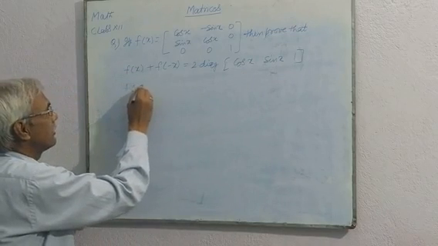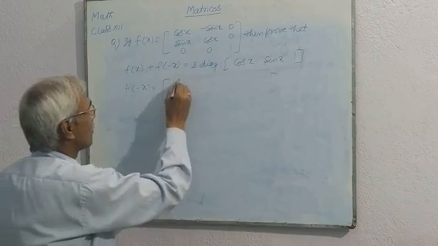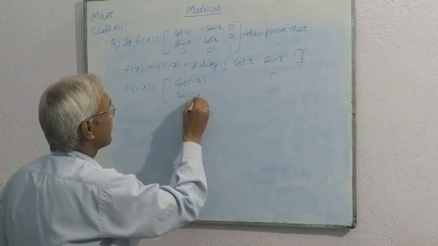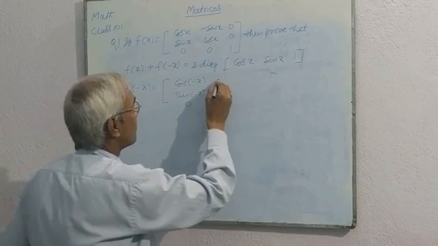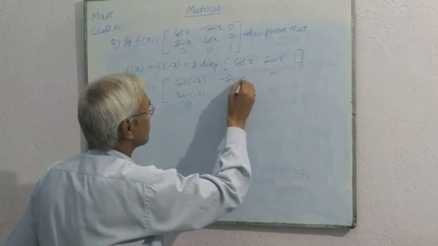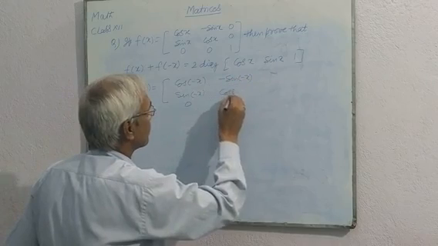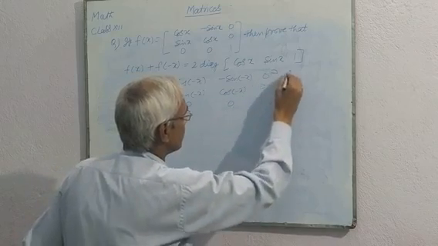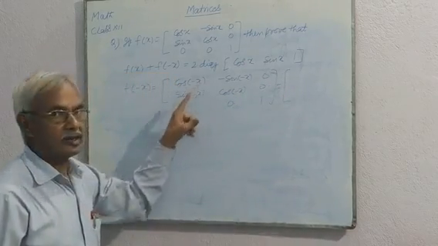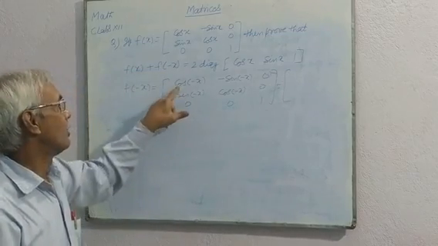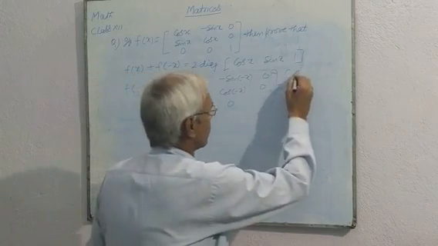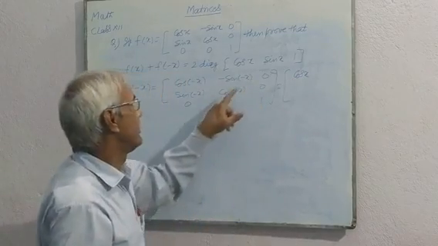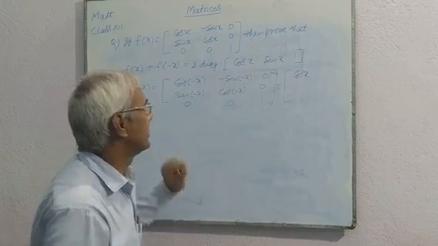f(-x) equals [cos(-x), -sin(-x), 0; sin(-x), cos(-x), 0; 0, 0, 1]. cos(-theta) equals cos theta, so cos(-x) equals cos x. sin(-x) equals minus sin x, and this minus sin(-x) becomes plus sin x.